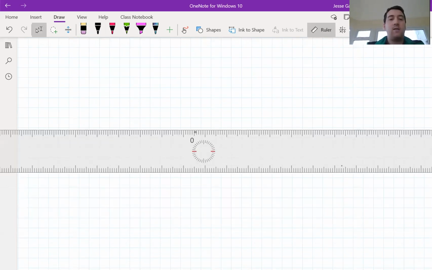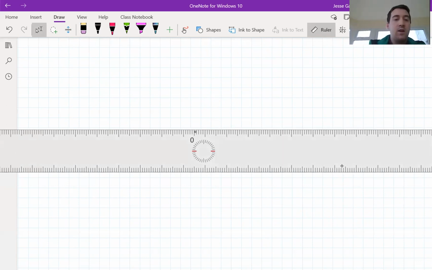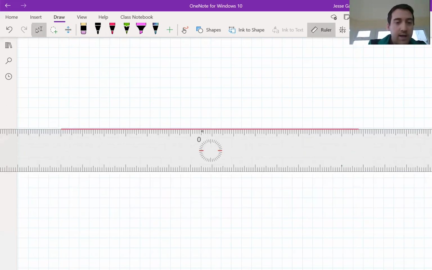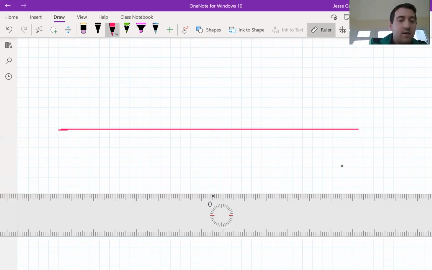I'm going to draw another scale. Again, just a straight line. I'm just going to go all the way to the edge here. Start here, say that this is 0, 10, 20, 30, 40, 50.